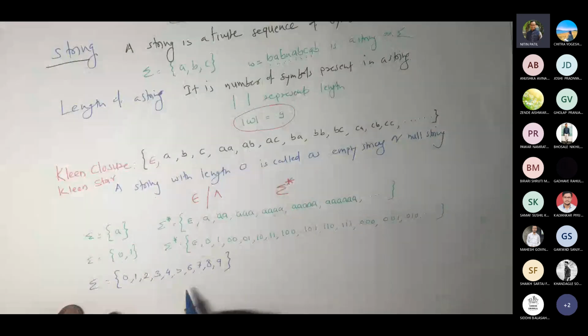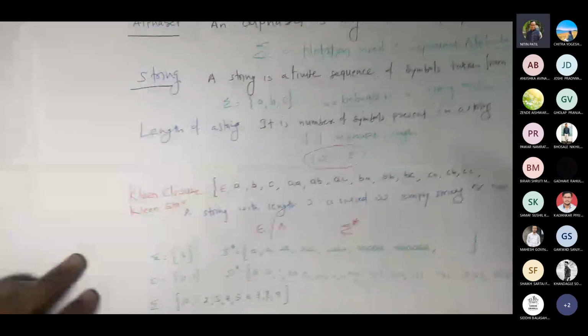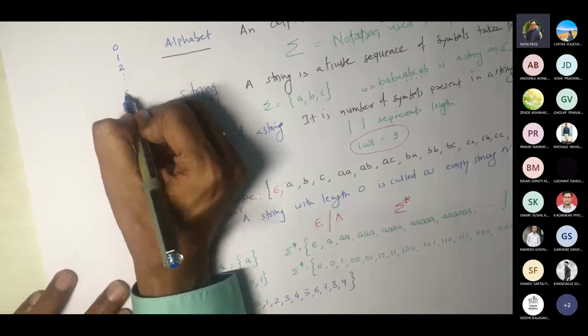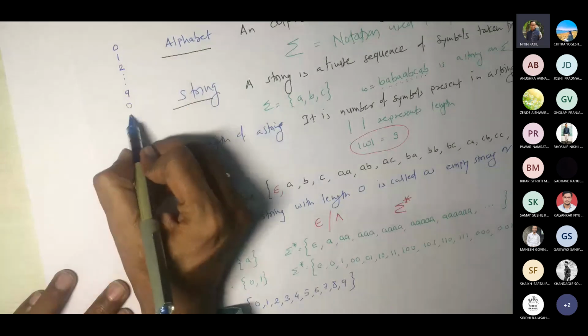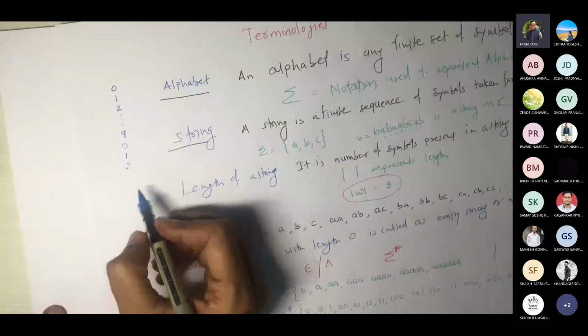So how are your numbers formed? Let us take an example. Let us say I wrote 0, 1, 2, up to 9. I again wrote 0, 1, 2, up to 9.